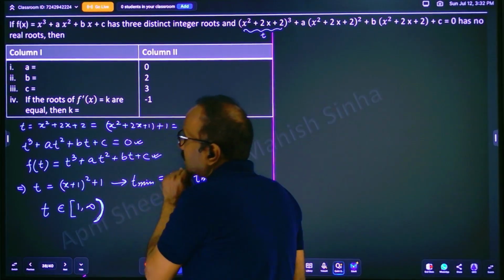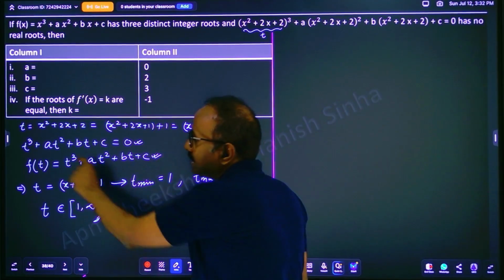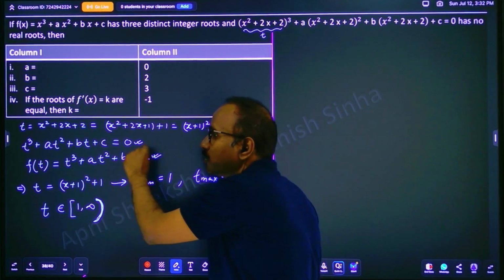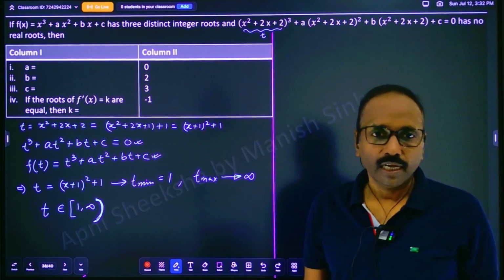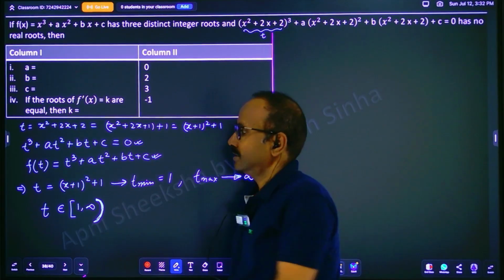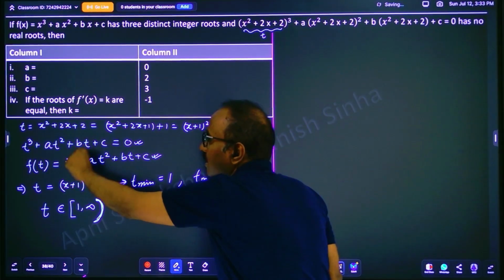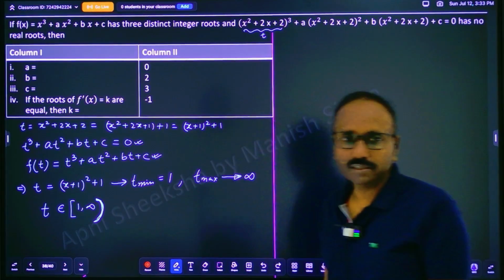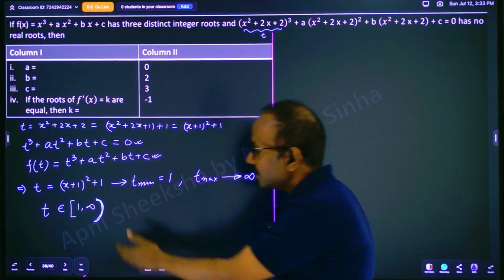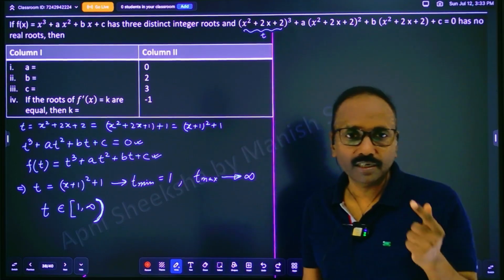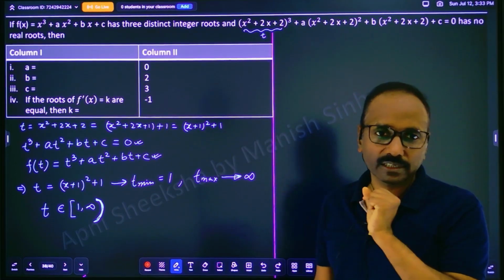In the question it is being said that this equation does not have any real roots. And what is the domain of this function? 1 to infinity for t, 1 inclusive, infinity exclusive.